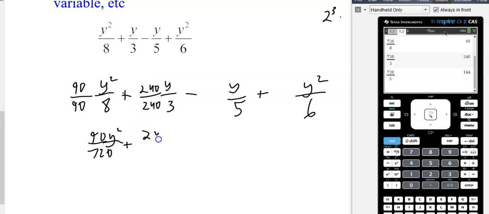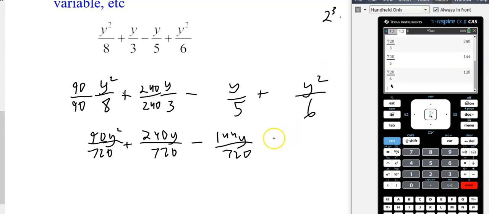So we get 240y over 720 minus, let's see, 144y over 720. And then finally 720 divided by 6 is 120, so plus, I guess, 120y squared over 720. You're going to combine like terms like these two terms.